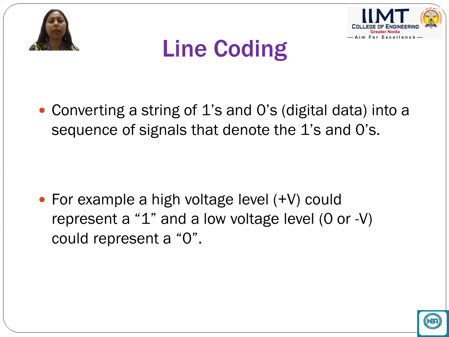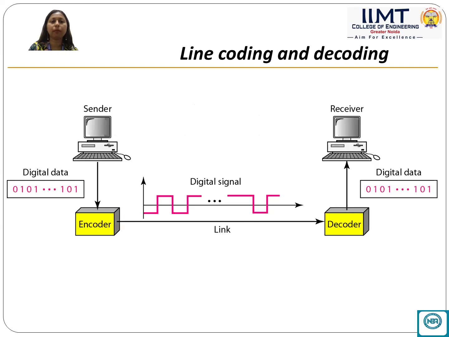For example, a high voltage level, that is a positive voltage level, could represent 1, and a low level signal, that is 0 or minus volts, could represent 0. That means we can set a threshold value, and above the threshold value is considered 1, and below the threshold value is considered 0.